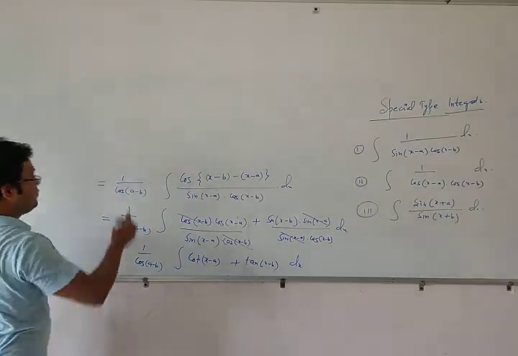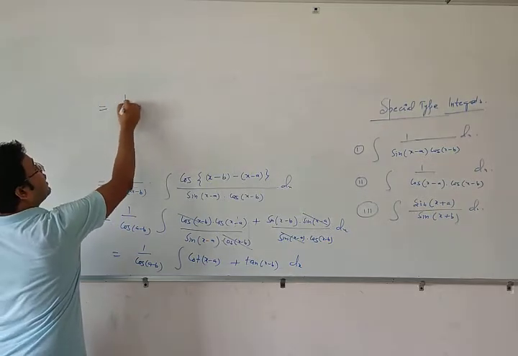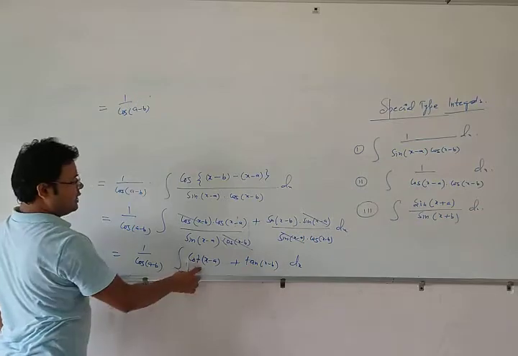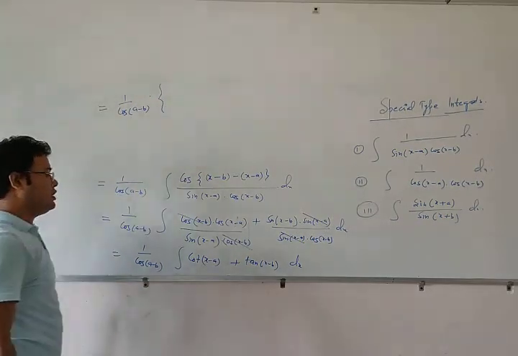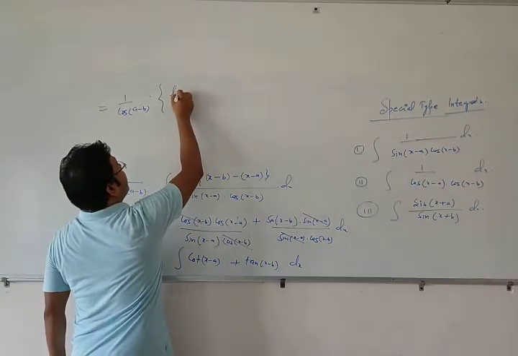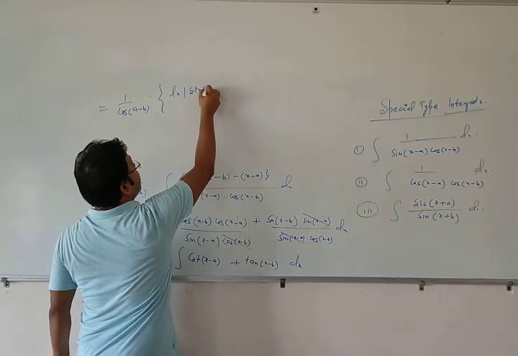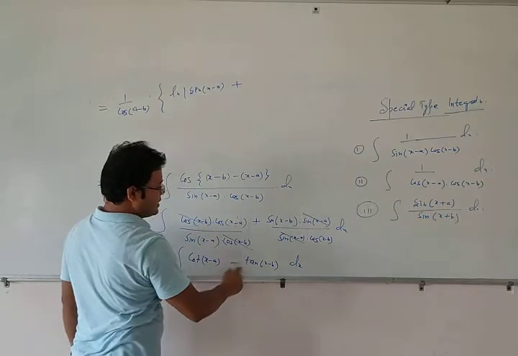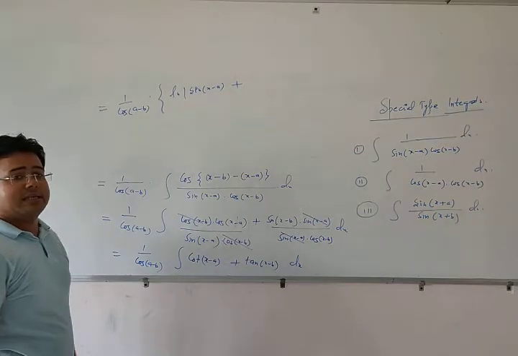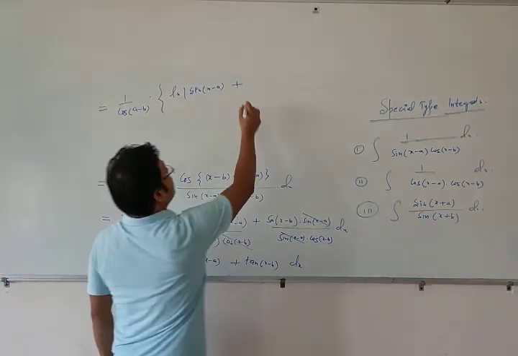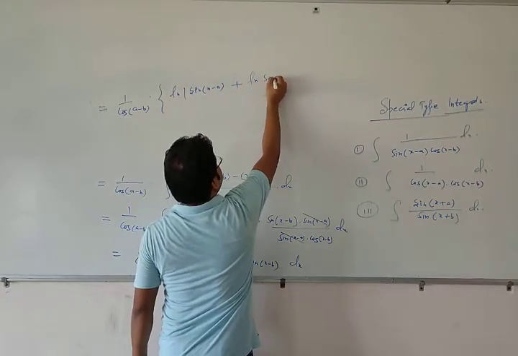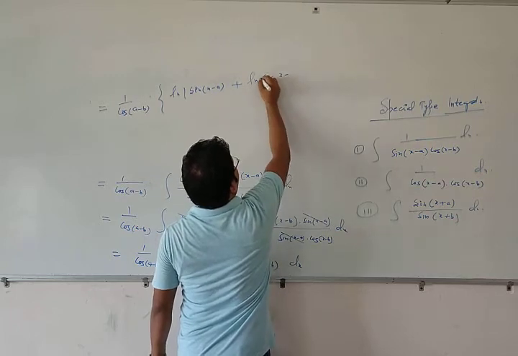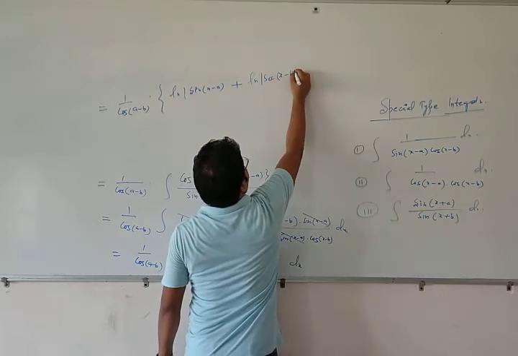So this is equal to 1 upon cos(a minus b) into, what is the integration of cot x? ln mod sin x. You can write ln mod sin(x minus a), plus, what is the integration of tan x? It is ln mod sec x, so minus ln mod sec(x minus b).